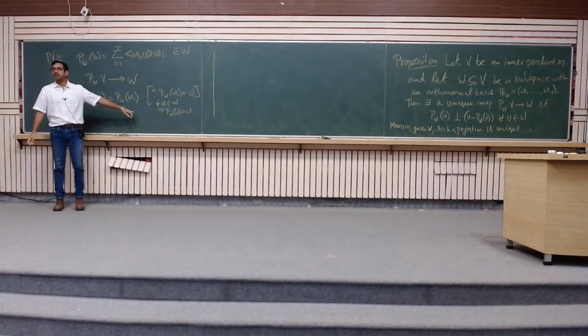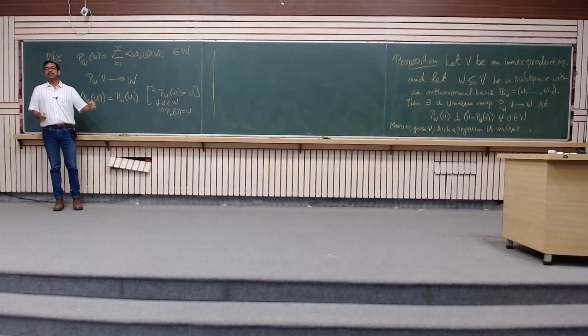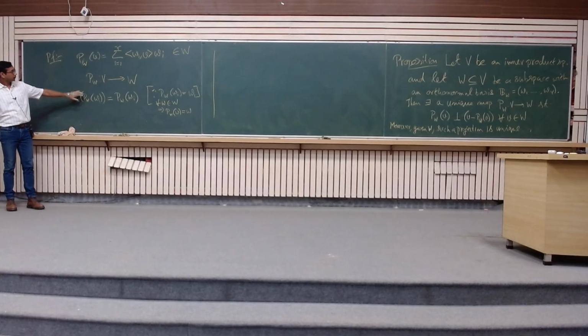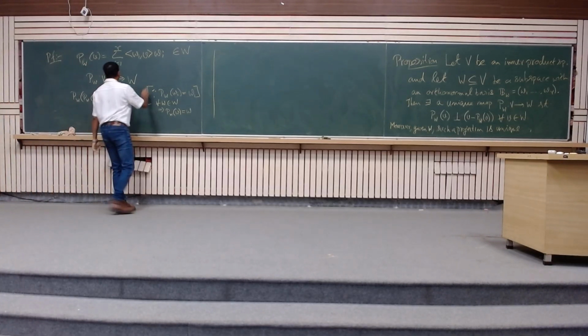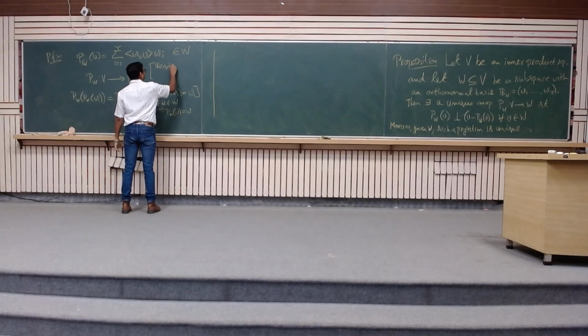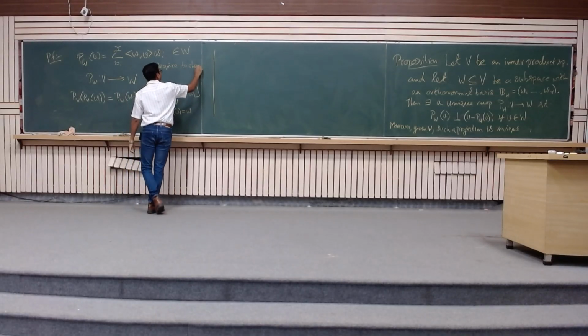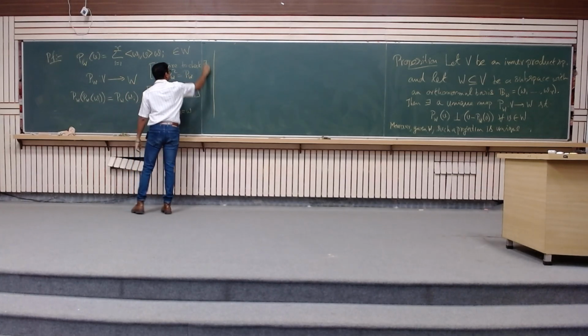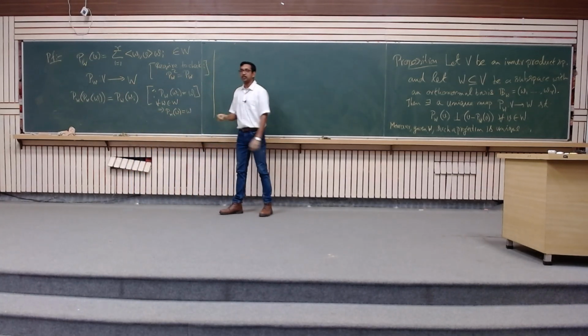That is, P_W maps W on itself. Every vector goes to itself. It is an identity map on W. So what we are required to check is that P_W squared is equal to P_W. That's indeed a projection.